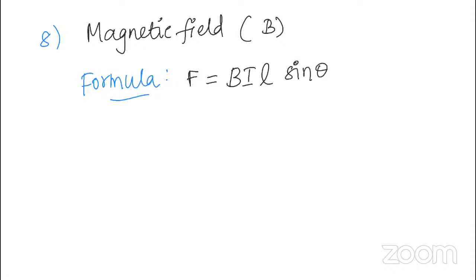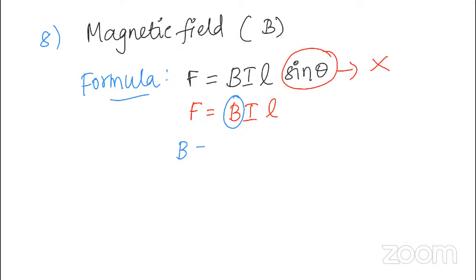Here sine theta is a dimensionless quantity, so we don't need it. The remaining formula is F is equal to B I into L. Here we want only B, so the formula is rearranged: B is equal to F divided by I into L. Here F is force, I is current, and L is the length.